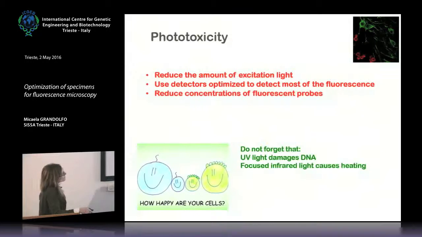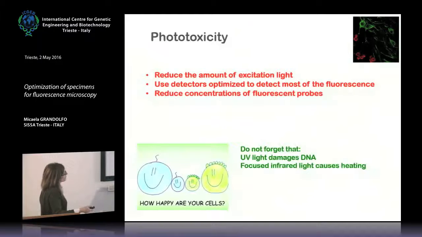Okay. So, to fight phototoxicity, you can try to reduce as much as possible the amount of excitation light, in this case using filters, reducing the power of the lasers, and programming the electronic shutters in a good way, for example, to avoid illumination when you are not acquiring images.